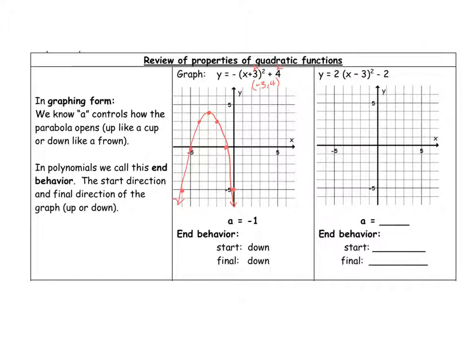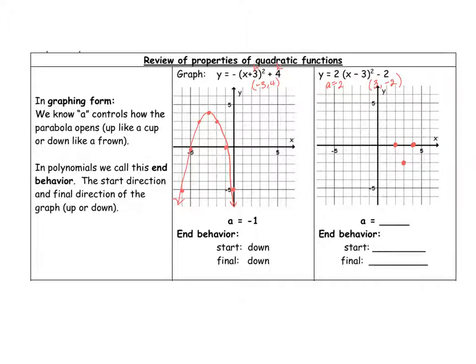On the second one, we have an a of 2, and we have an hk of 3, -2. So we're going to graph the point 3, -2. And then instead of going out 1 and up 1, we're going to go out 1 and up 2, because a always tells us what to do after we go right 1 from the locator point.